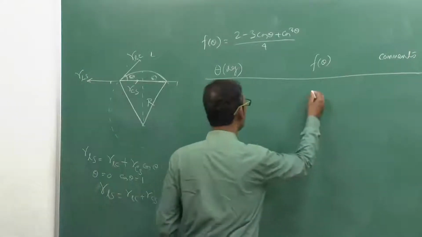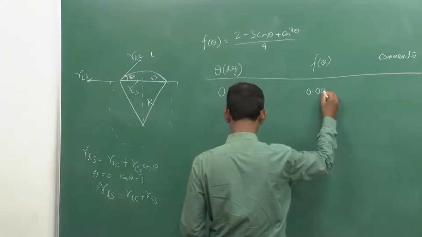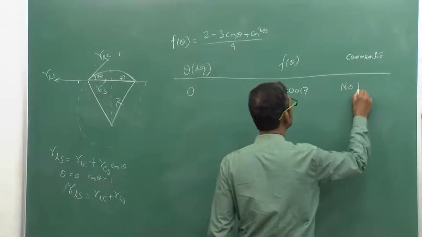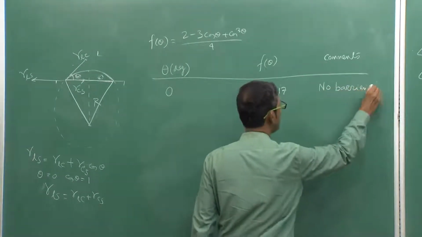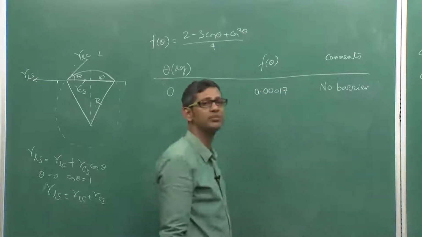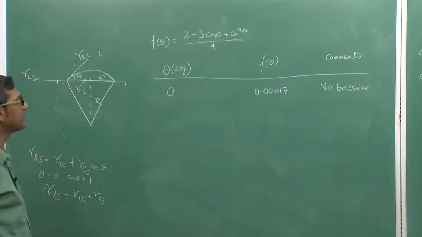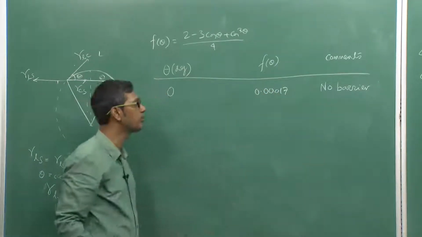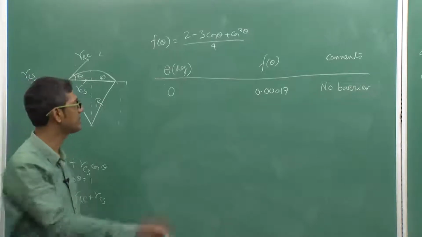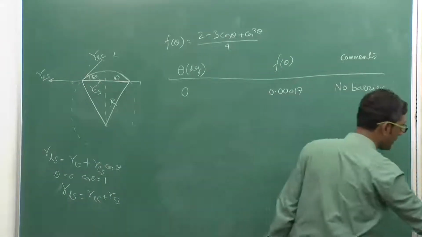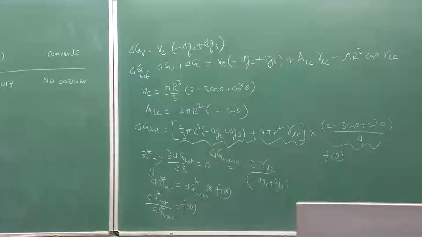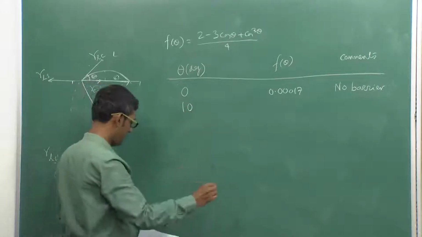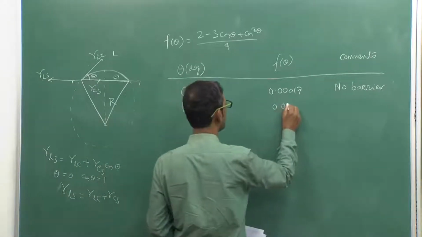For that, the f theta value will be very small, basically 0.00017, which means practically no barrier is present. The barrier height is very small, about 10 to the power minus 4 times the homogeneous nucleation barrier, because f theta multiplied by the homogeneous nucleation barrier provides you with the heterogeneous barrier. If it is 10 degrees, it is a little bit higher.